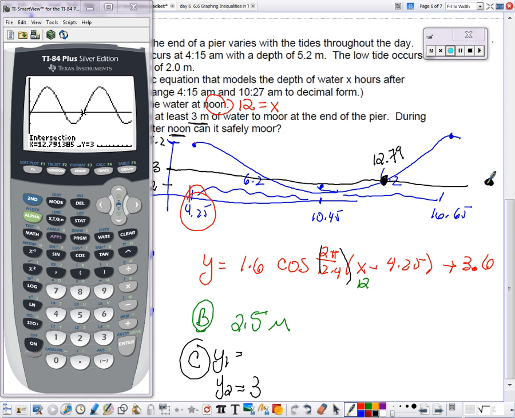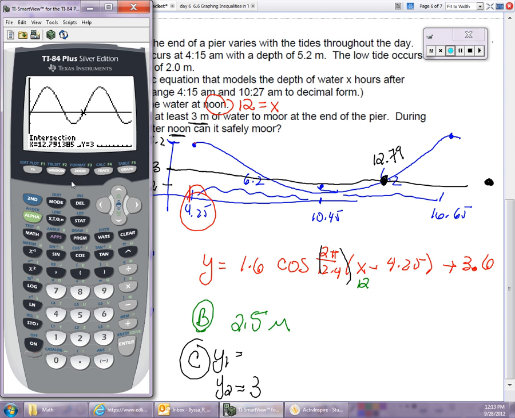Then when I get the other point, so again I'm going to do second trace, intersect. And I don't want to trace all the way around. I'm going to hit the down arrow, and that puts me on y2. So now I can go straight across. And then hit enter 3 times. And that gets me 20.5.